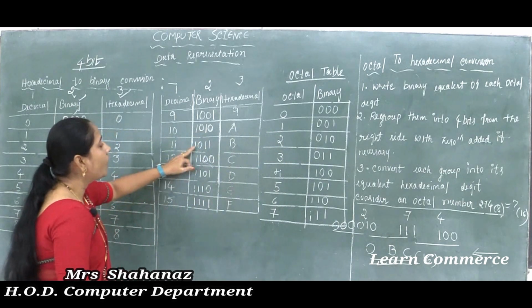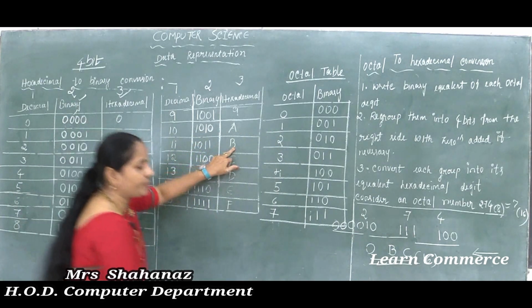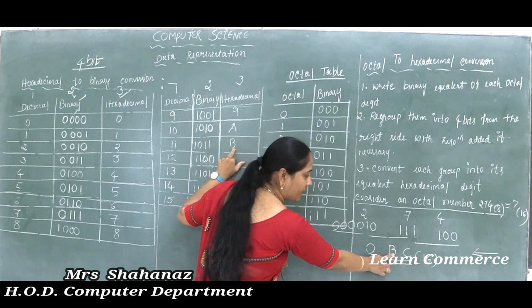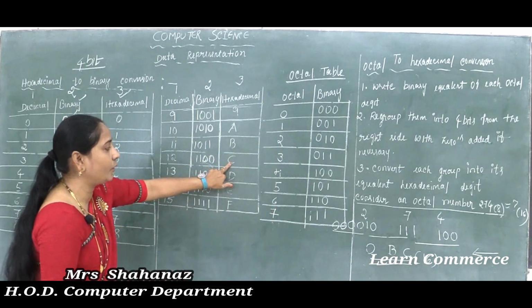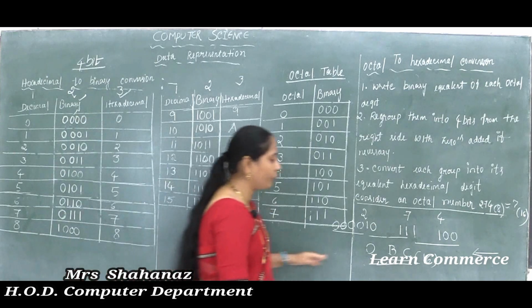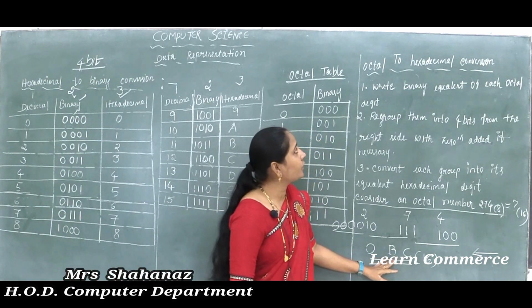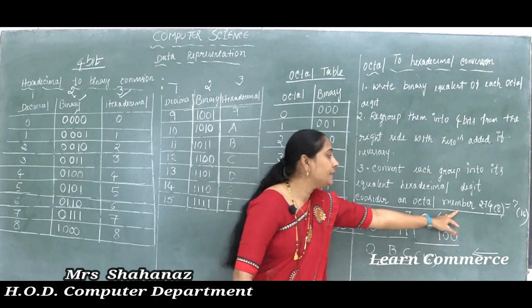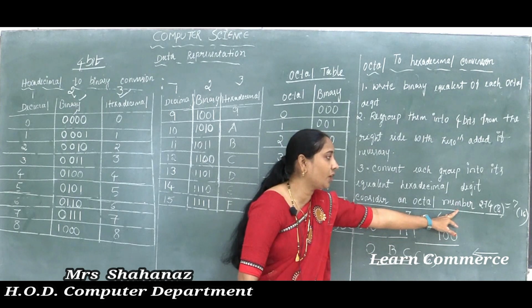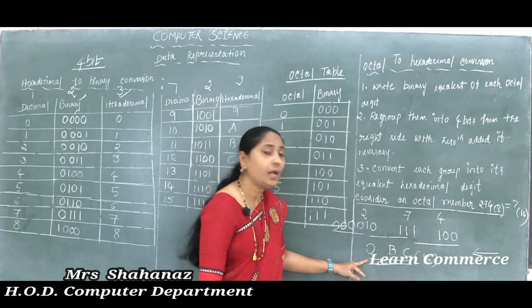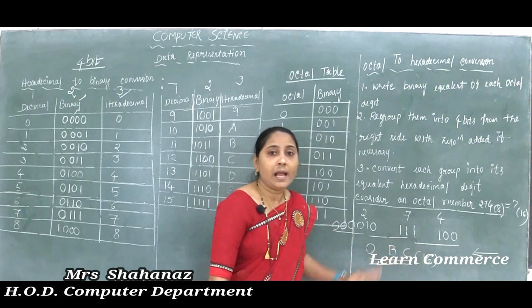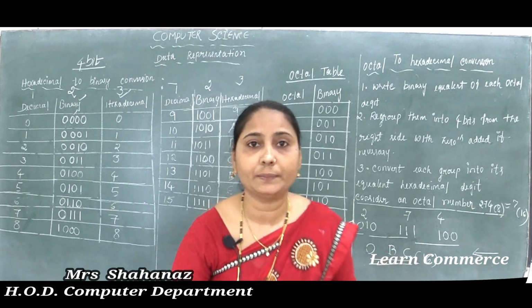The value is B. So I wrote B. And lastly 1100, the value is C. So like that I can find out the value for our octal to hexadecimal conversion just by using the question 274 octal to hexadecimal. The answer is 0BC.